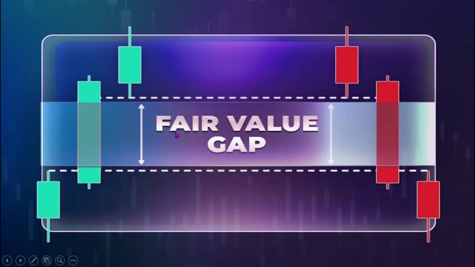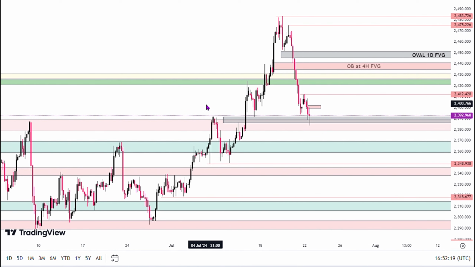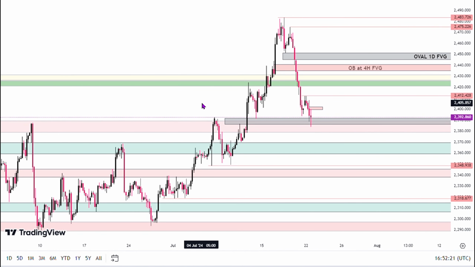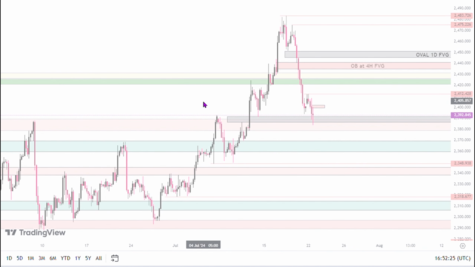Now let's delve right into a real-time chart and then try to identify fair value gaps. Alright, here we are on the 4-hour gold chart. Let me try and do away with my drawings.